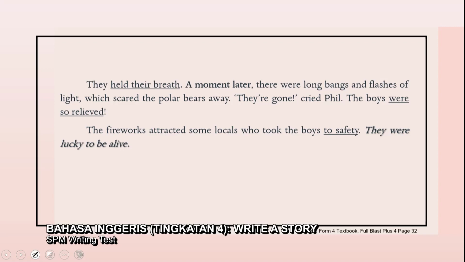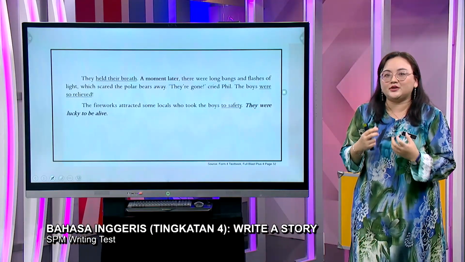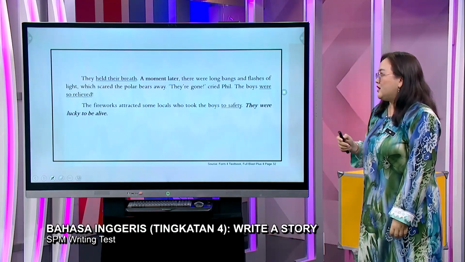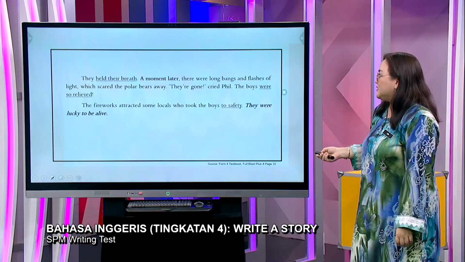Then finally they come to a safer place. So when the writer used the last sentence to end the story, it is appropriate because the whole story he created is about a dangerous situation that the characters have experienced.